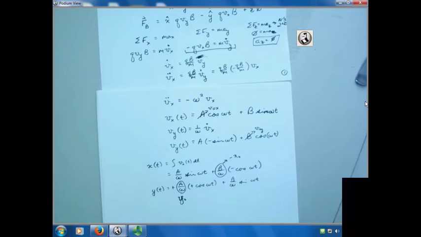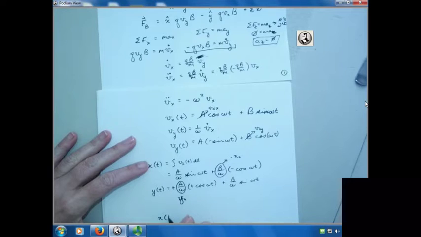So this is sort of how we solved it when we did 240, 250, or your calculus-based intro. And so your final solutions, I guess it doesn't kill me to write them. X as a function of time is equal to x naught cosine omega t plus y naught sine omega t.